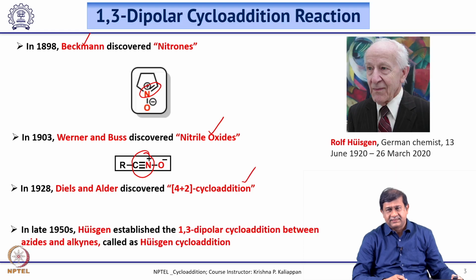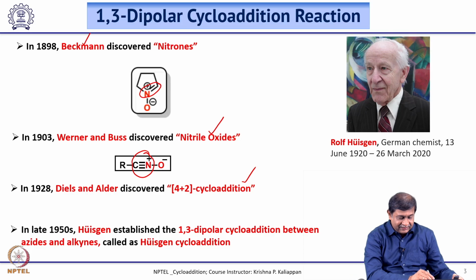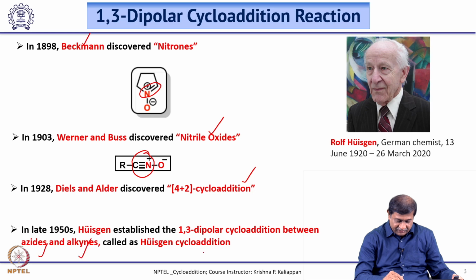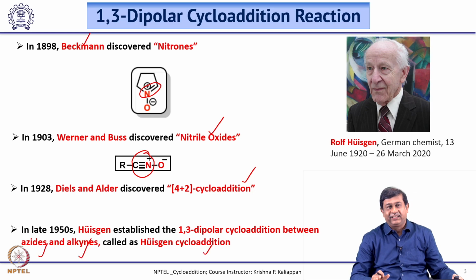In the late 50s, Rolf Huisgen reported a 1,3-dipolar cycloaddition reaction between azides and alkynes to form a triazole. This we normally call the Huisgen cycloaddition.